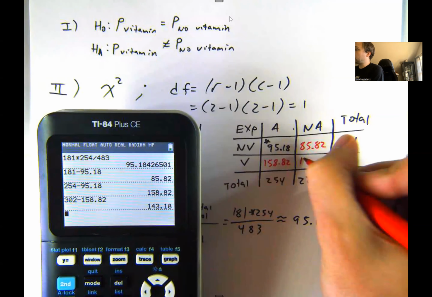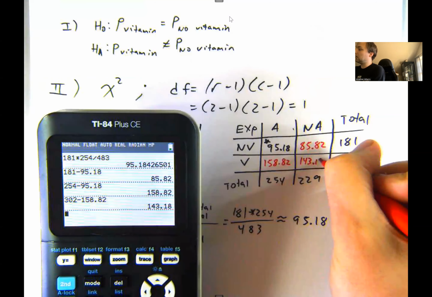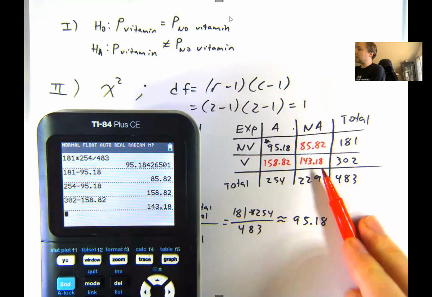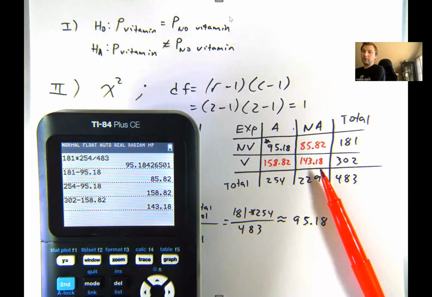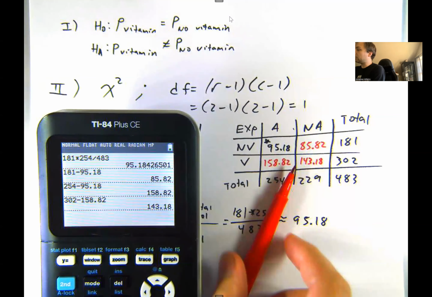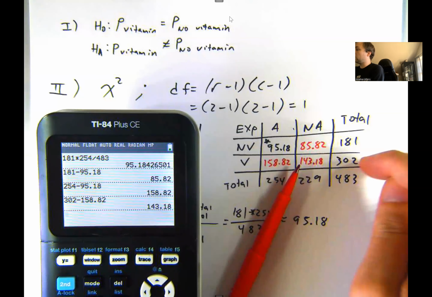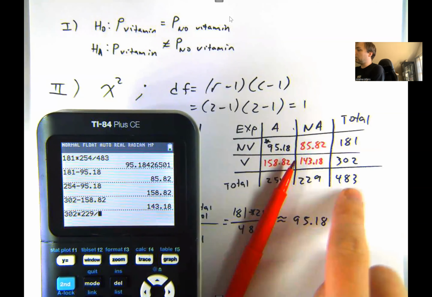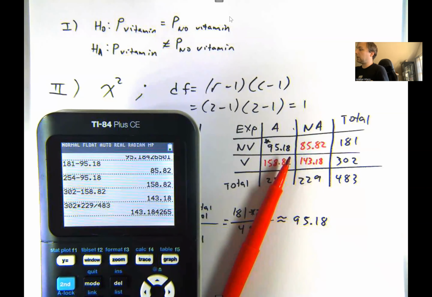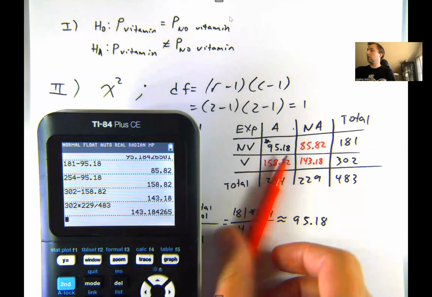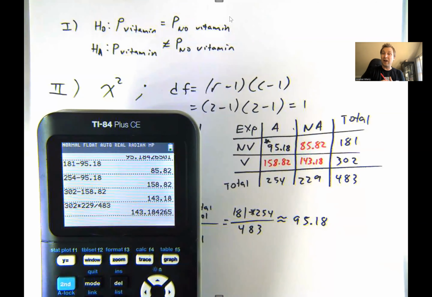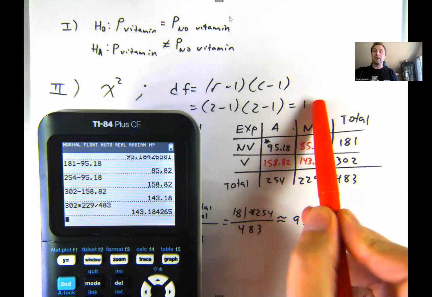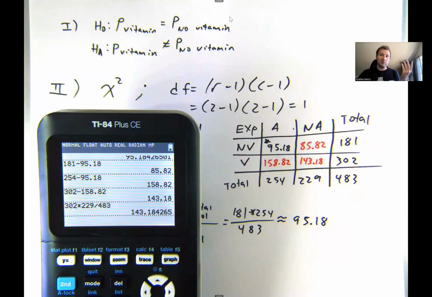And that gives me 143.18. On any of these values, you could do that same multiplication trick to verify. So for example, to find that 143.18, I could have also taken the total for the row, 302, times the total for the column, 229, divided by the total overall of 483, and it's still giving me that same value. So you can use the multiplication trick to find all of them, but you only really need to do it for up to the degree of freedom number of squares, and the rest you can get with addition and subtraction.